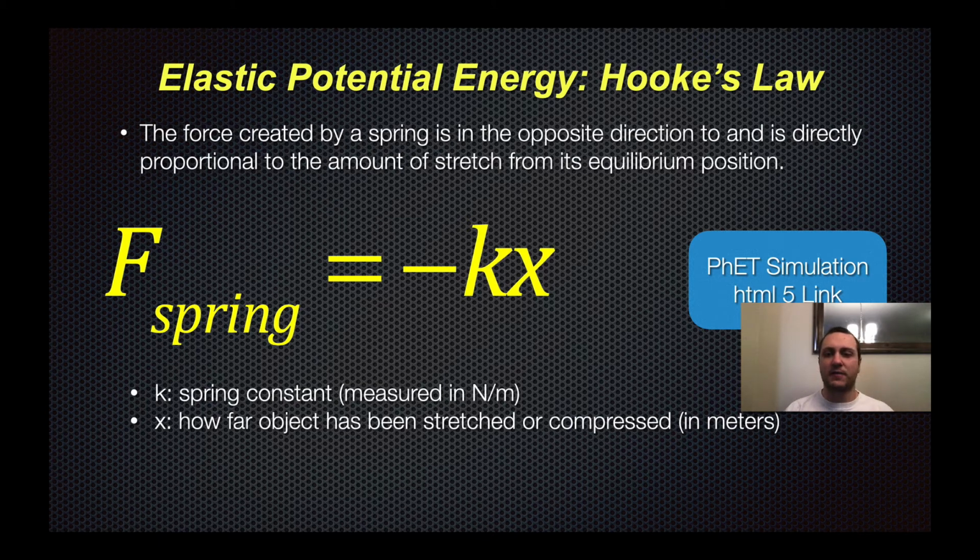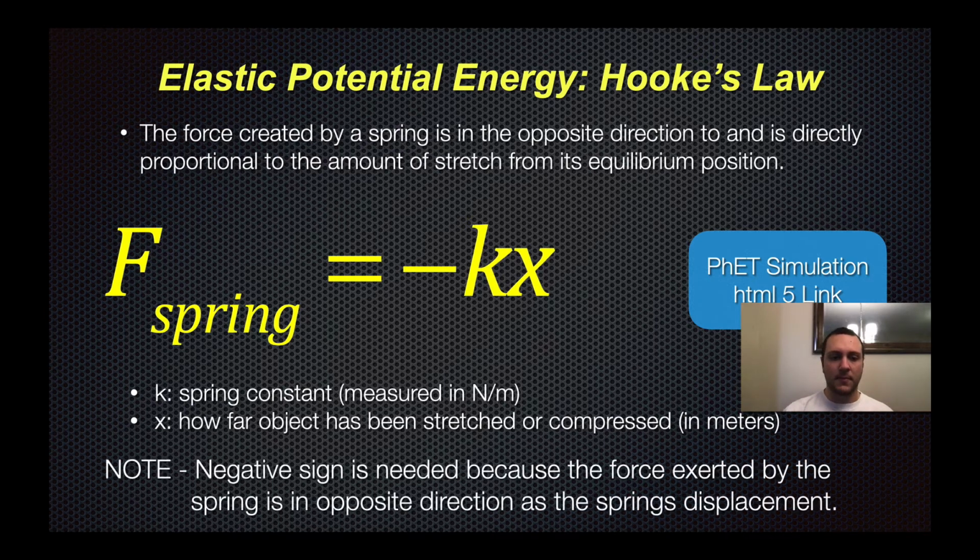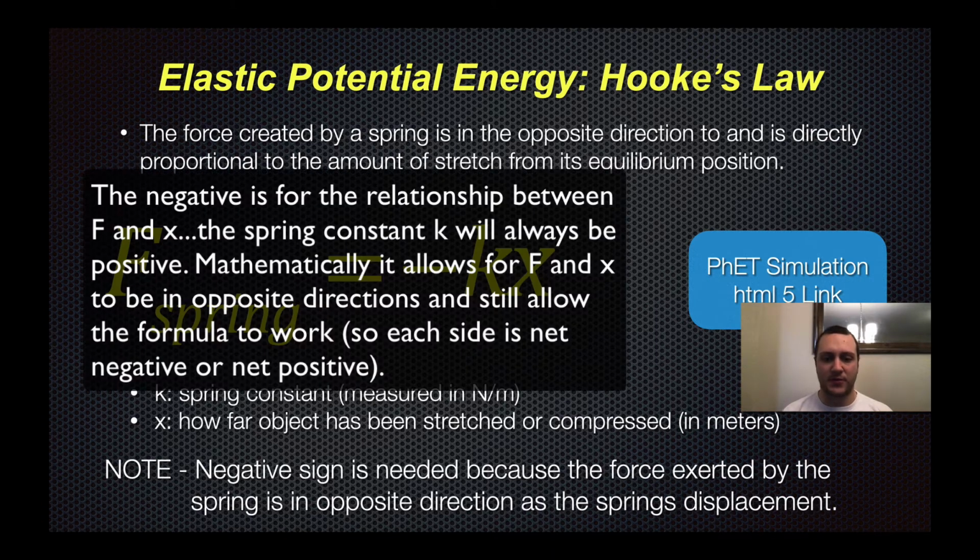That's why we have that negative in there, because it's telling us that the spring force and the displacement, the stretch or compression that the spring undergoes, are going to be opposite directions. Now, we need to have that negative here, right? Cannot emphasize that enough. Mathematically, it's going to help you understand the direction that the spring force is acting in comparison to the stretch or compression, right? It's going to always let you know it's in the opposite direction.